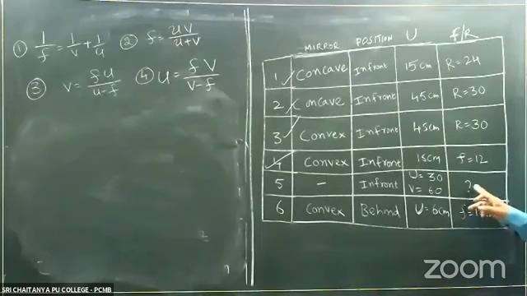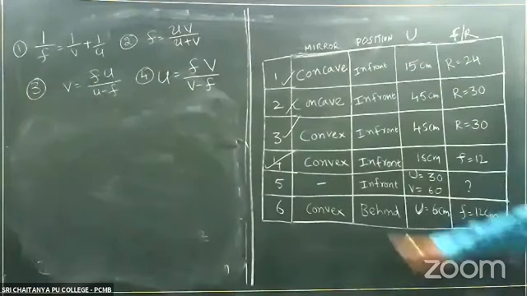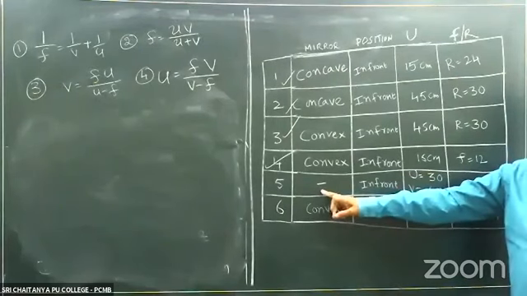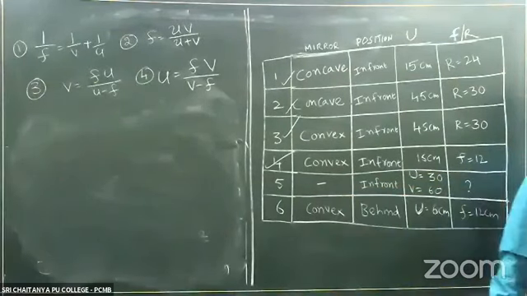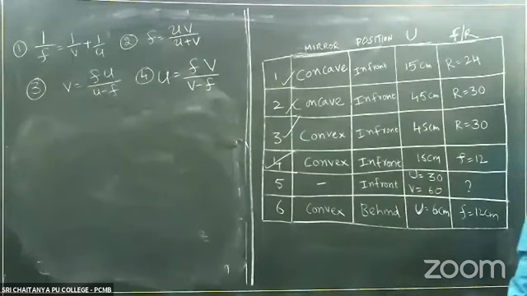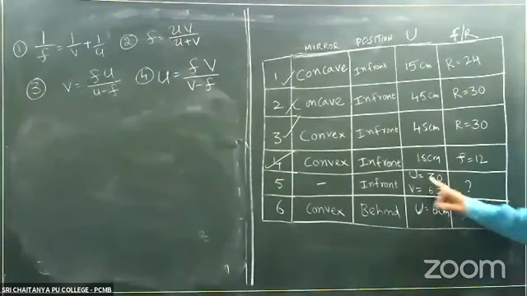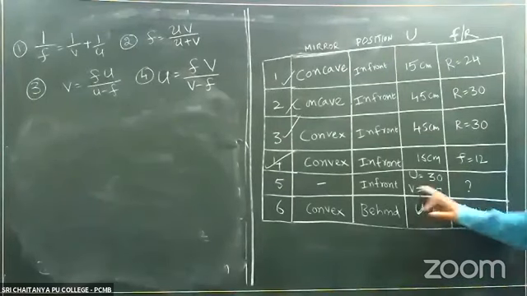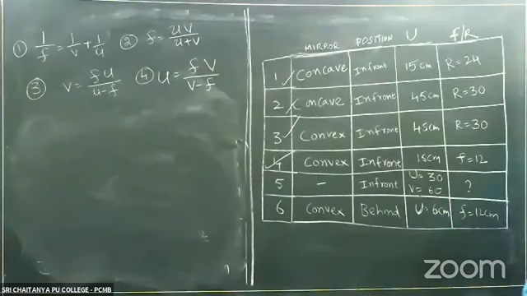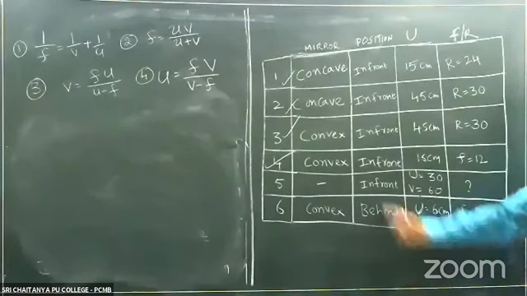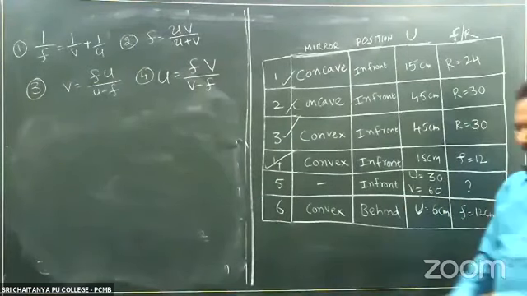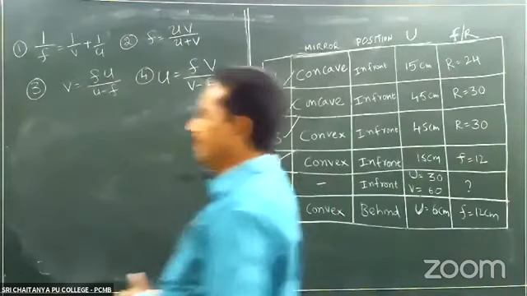You are asked to calculate the focal length or radius of curvature along with the nature of the mirror, either concave or convex. But U and V values are given. U value 30, V value 60. Both are formed in front of the mirror.